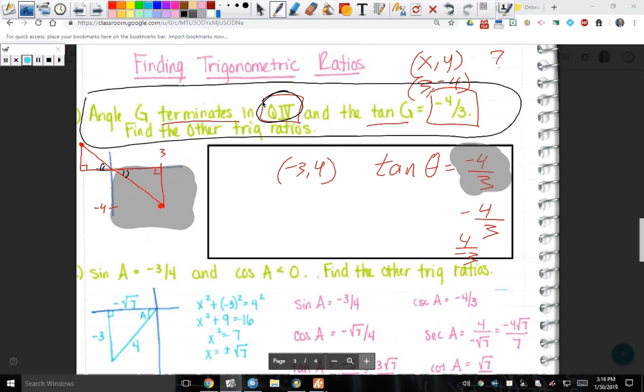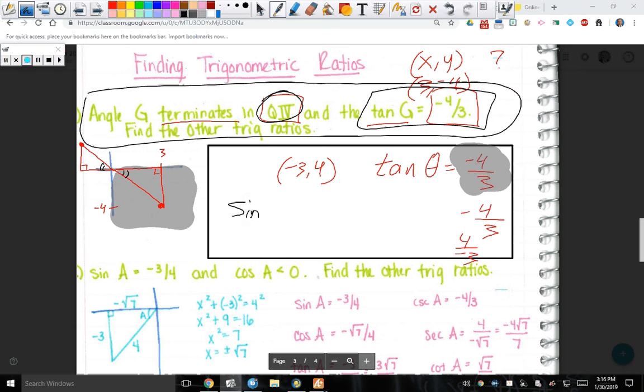I'm going to go straight to the difficulties kind of problems. If it didn't give you the quadrant, and it said that the tangent was this, what could it also give you to say that it was going to be in quadrant 4 without saying that it's in quadrant 4? Well, watch. They could have said this.